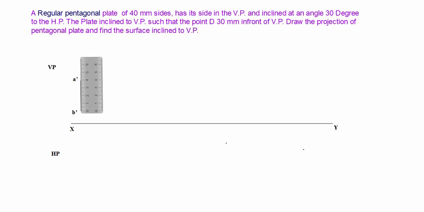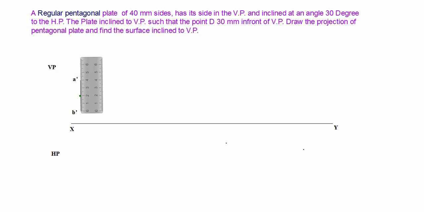That's why we draw our A dash B dash side of the pentagon with 40 mm in VP plane. Then we take the middle point of A dash B dash.